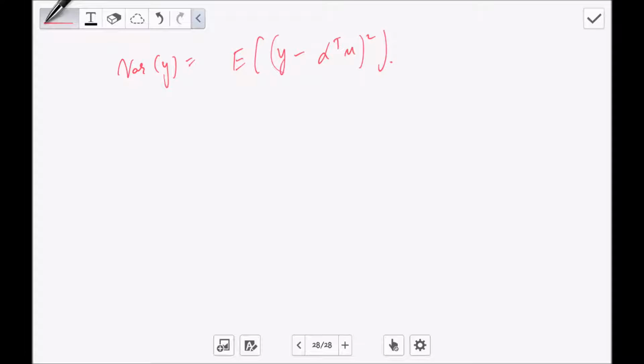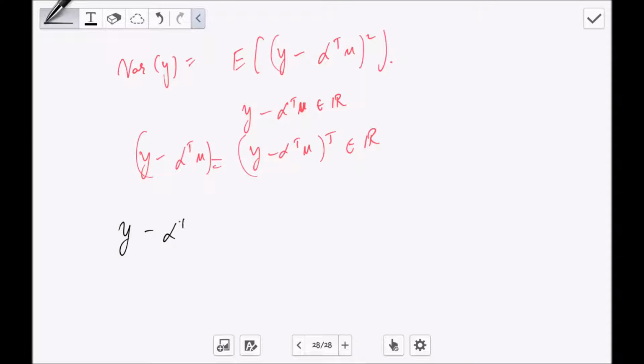Fine. Now y minus alpha transpose mu belongs to R. Its transpose will also belong to R and is equivalent to y minus alpha transpose mu, because it is a scalar. So I want to write y minus alpha transpose mu, whole squared, as y minus alpha transpose mu times y minus alpha transpose mu, transpose. Okay, I want to write it this way.